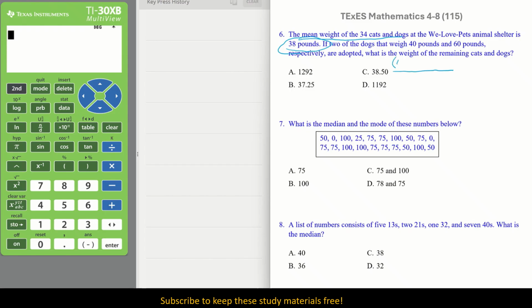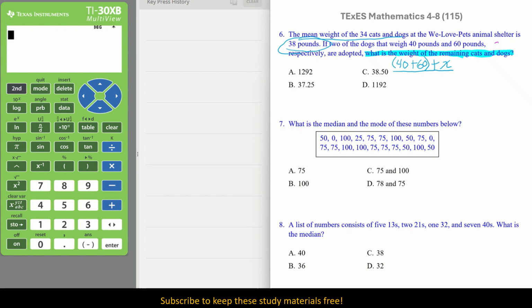So I'm going to have the 40 plus the 60, then plus X. Let me highlight that so we see this part right here. That's my X. I'm trying to answer, what do the rest of the dogs and cats weigh? That's the other 32 pets. What do they weigh? So that's my X.